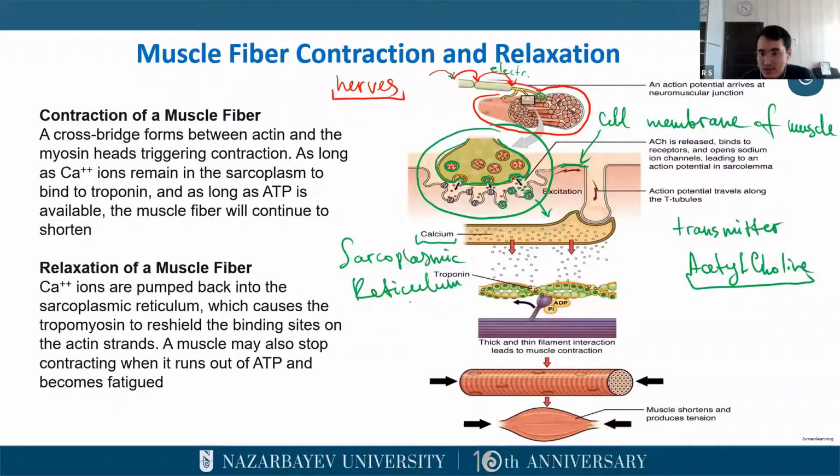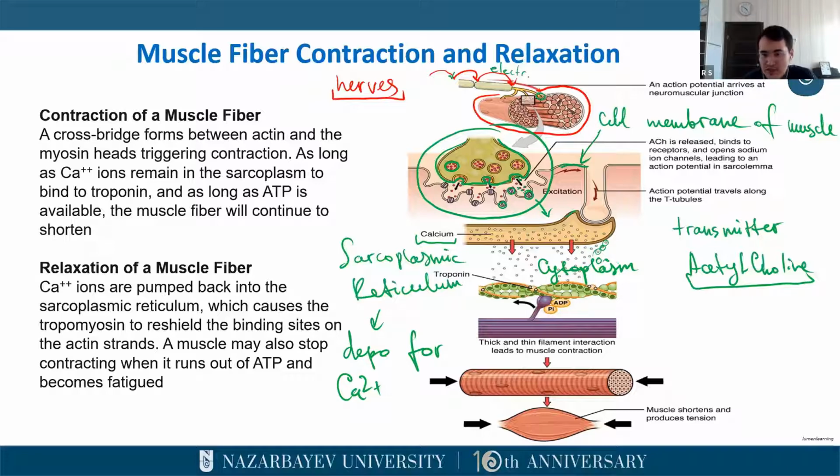So the sarcoplasmic reticulum is the depot for calcium ions. And whenever it releases it, so here we have the cytoplasm of the muscle cell, okay? So we have these free ions that are floating everywhere inside this huge cell.